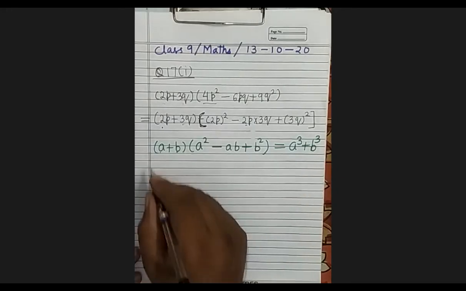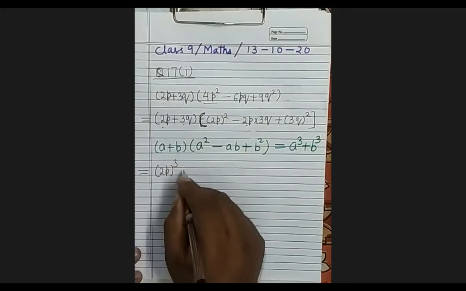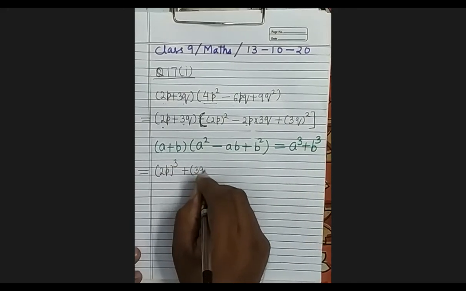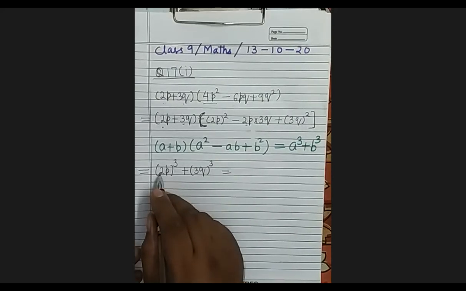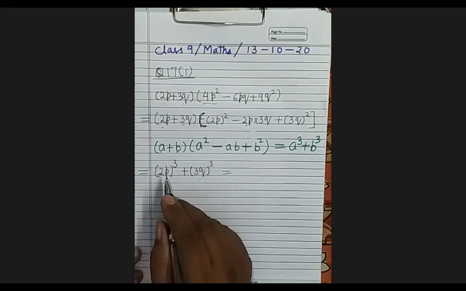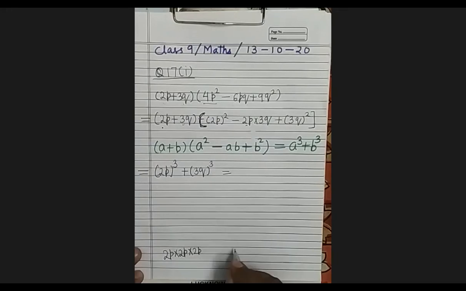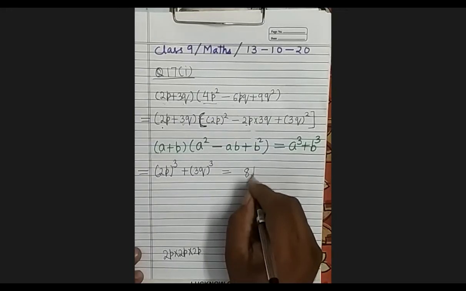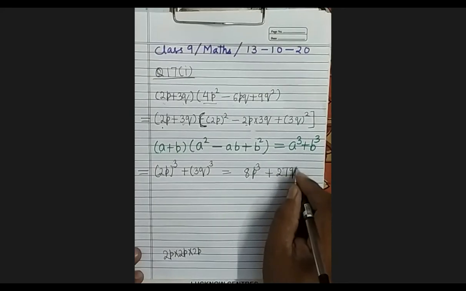So on using this formula, what will happen? It will become 2p whole cube plus 3q whole cube. 2p whole cube means multiply 2p how many times? 3 times. 2p into 2p into 2p. So it will be equal to 8p cube plus 27q cube.